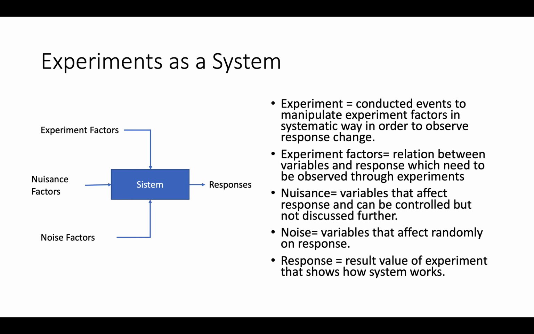The noise factor often results in error in the experiments. Those factors will affect the system and result in a varied response. So the response is the resulting value of the experiment that shows how our system works.